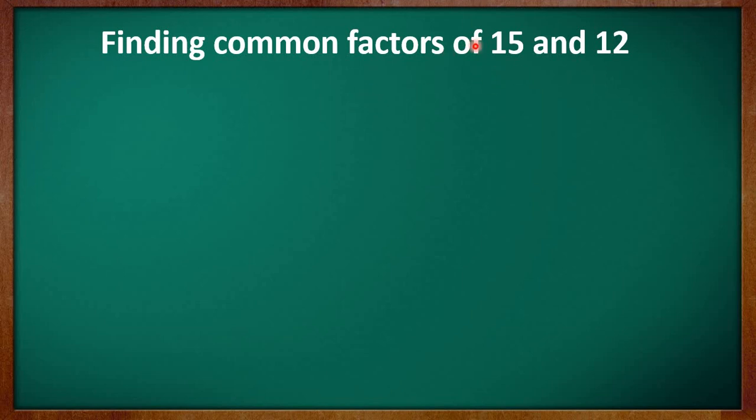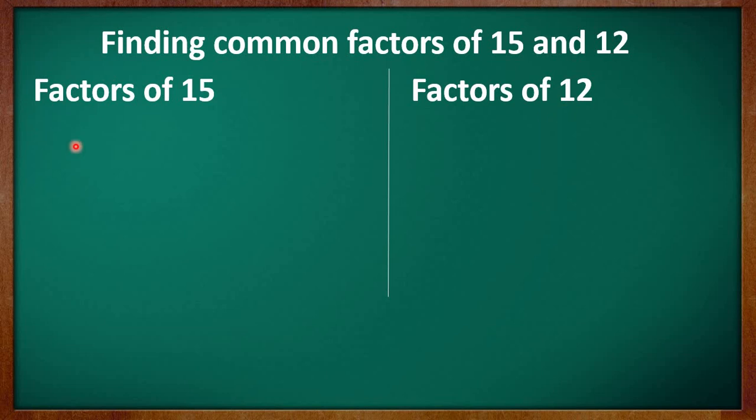And we know that in order to find the factors of 15 or 12, what will we do? We will try to divide the numbers by different numbers, and if the number is divisible by the divisor, then the divisor as well as the quotient is a factor of that number, right?